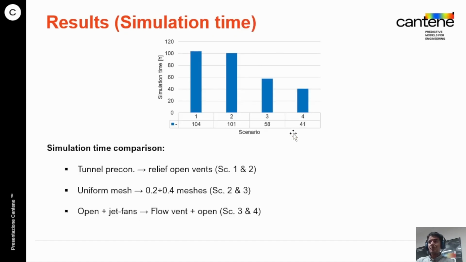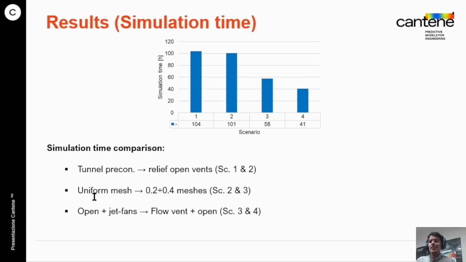When it comes to the simulation time, we can see that the first scenario and the second scenario took roughly the same amount of calculation time. This means that using the tunnel preconditioner or using the relief open vents doesn't have really an impact in the simulation time that we use.